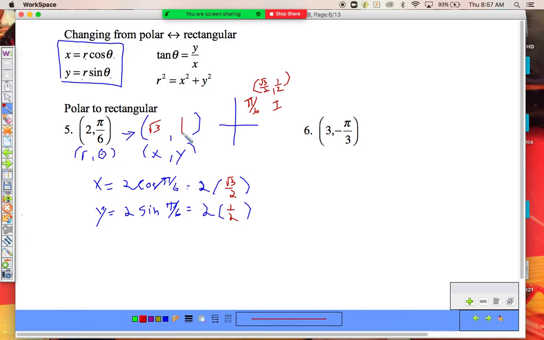All right, try number 6 then. Same idea. Find me the x and y coordinate that matches the ordered pair 3 comma negative pi over 3.